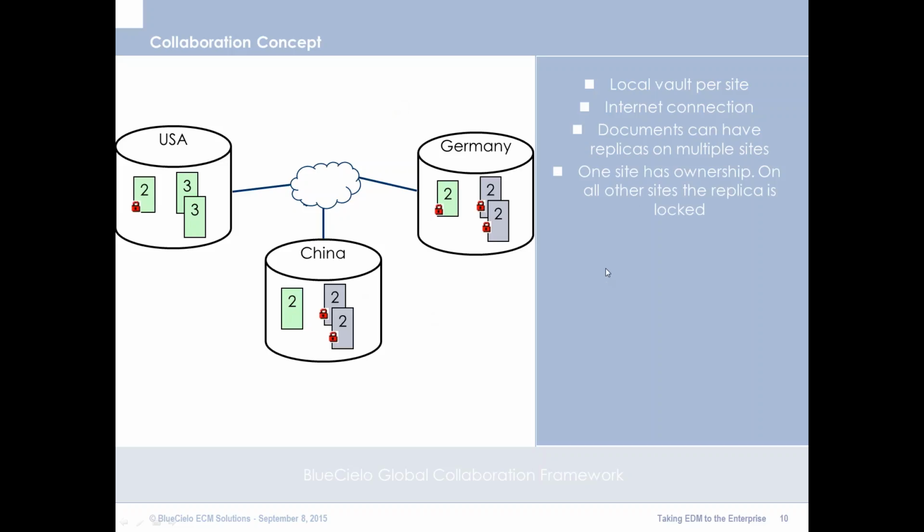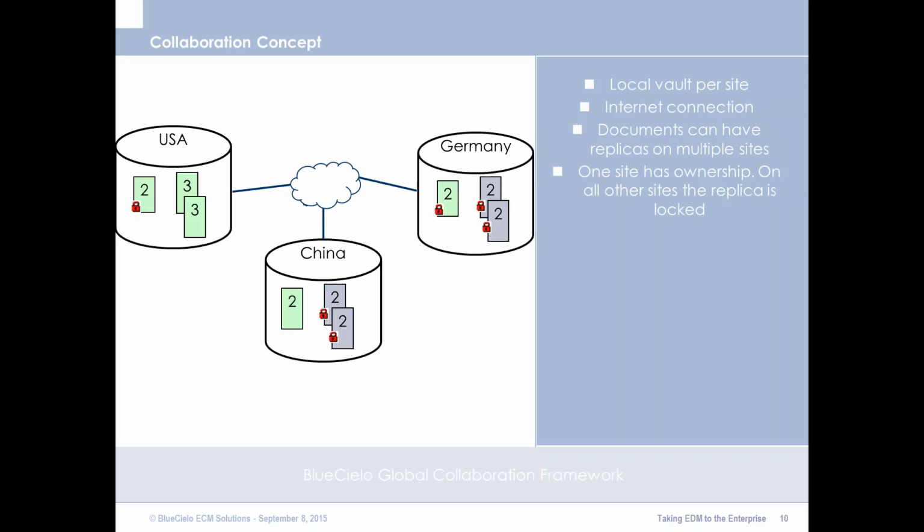And then due to the fact that each site has its own database, and theoretically 2 users at different sites could simultaneously, say, check out the same file, the global collaboration framework introduces the concept of ownership.